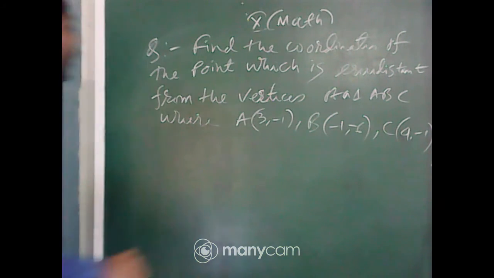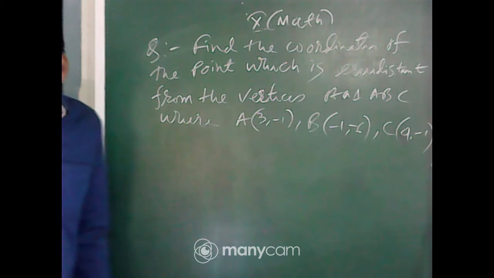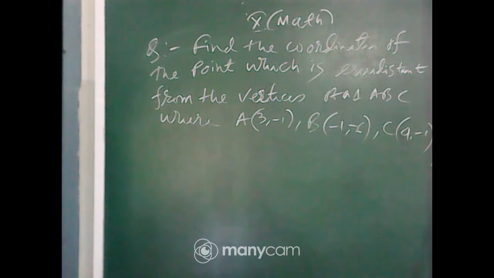I am repeating the question. Find the coordinates of the point which is equidistant from the vertices of the triangle ABC where A (3, minus 1), B (minus 1, minus 6), C (4, minus 1).